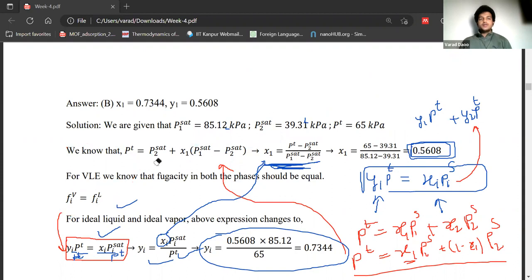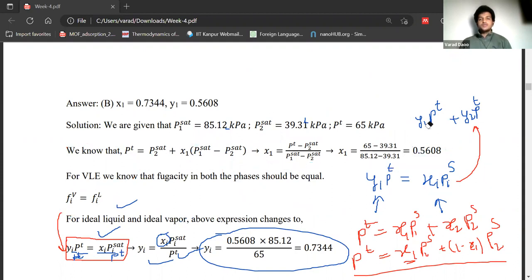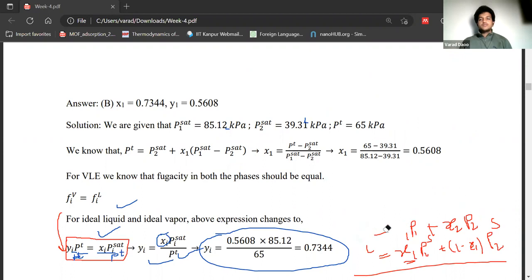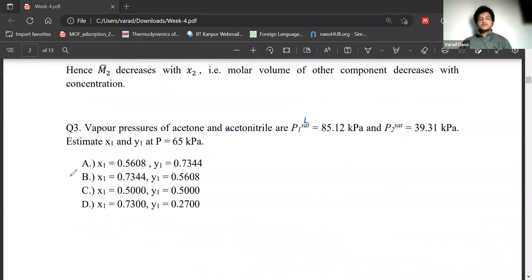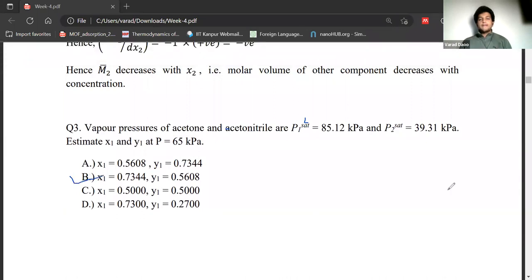Else, if anybody would like to write this down, they can write it also. Okay, nobody has any questions. I hope the solution is clear to everyone. The correct answer is option B.